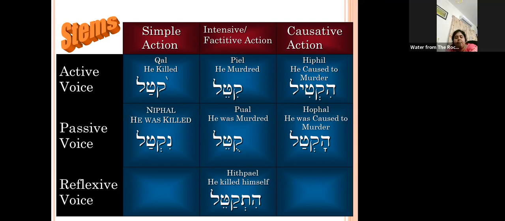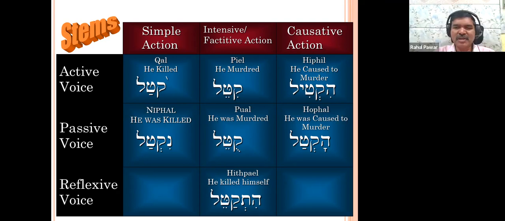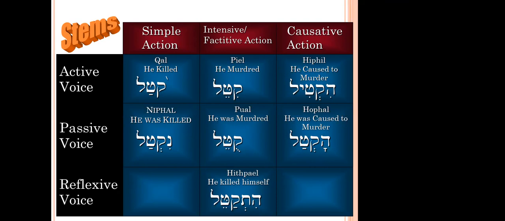Otherwise, you'll find it a little difficult to recognize whether that is the original form of the root word or whether it needs Niphal verb conjugation. Then, what do you observe over here, Hophal? Hey with qamets vav.